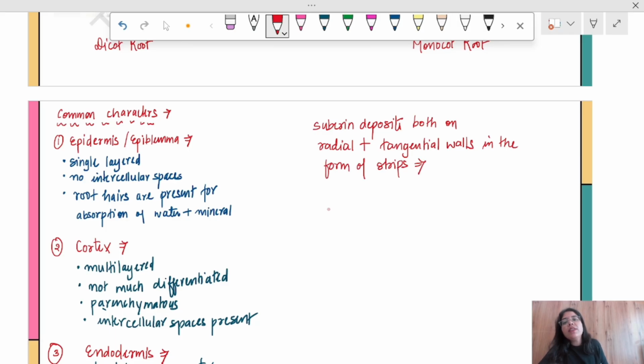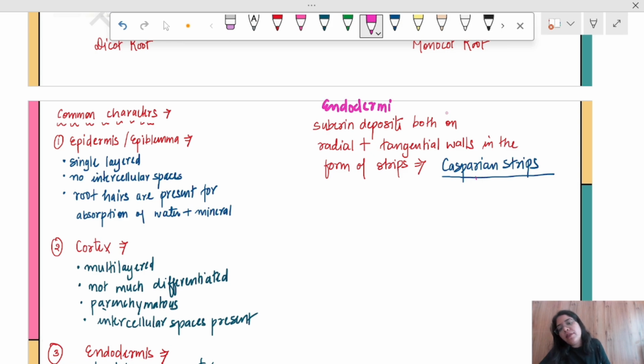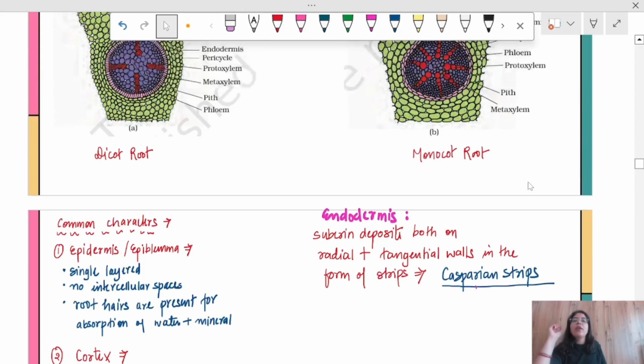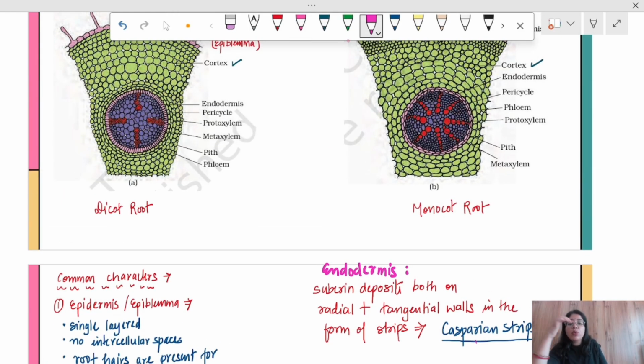And because the name of the scientist was Casper, that's why these strips are called Casparian strips. So Casparian strips are a very important feature which is observed in which cells? Endodermal cells. Okay, fine. So endodermis also understood.